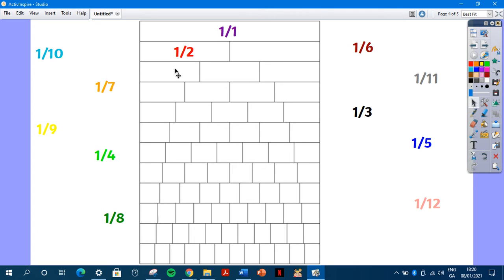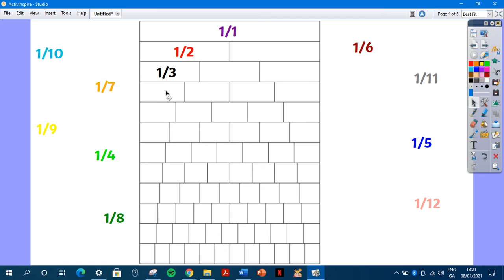Okay, so this one here. This is 1 piece out of how many? We have 1, 2, 3. So this little block is 1 piece out of 3. Oh, here it is. So we're going to drag that over. And now the one below it.